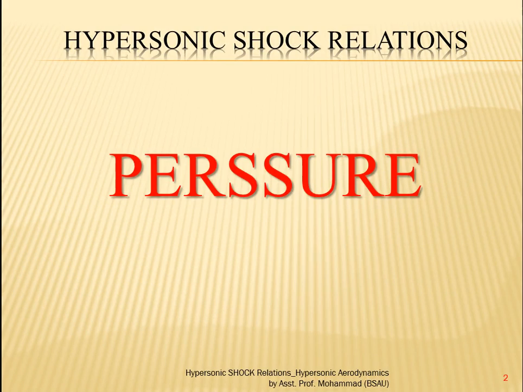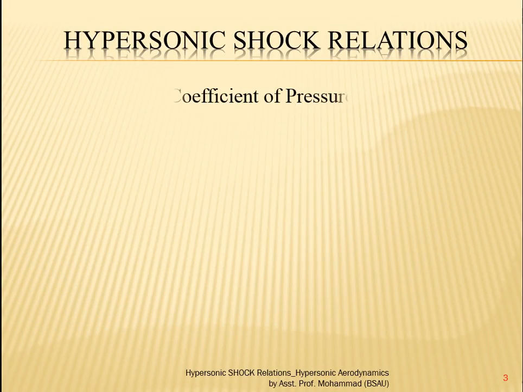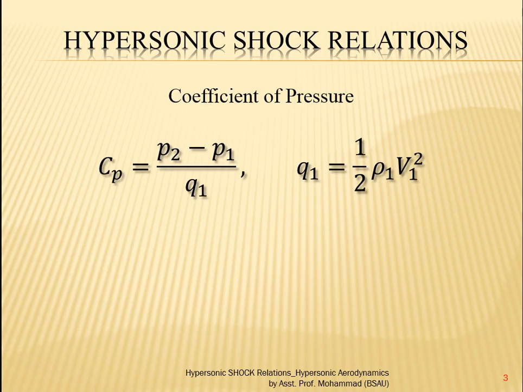Now the pressure coefficient goes this way. We have CP. The CP definition basically is given like this, and this is the CP definition irrespective of the type of the flow and irrespective of the situation or any kind of other location.